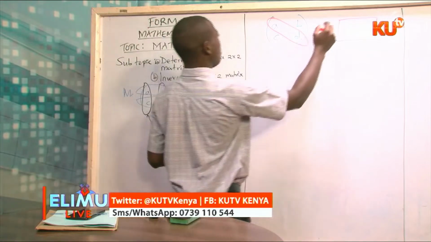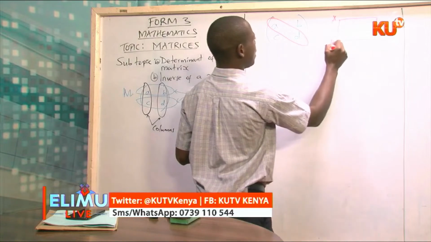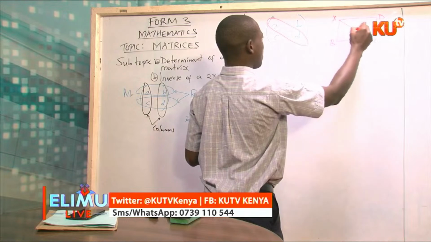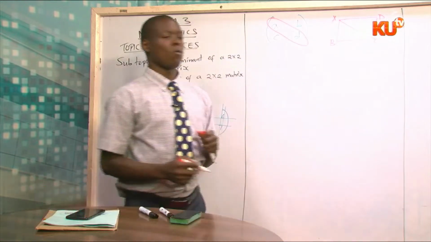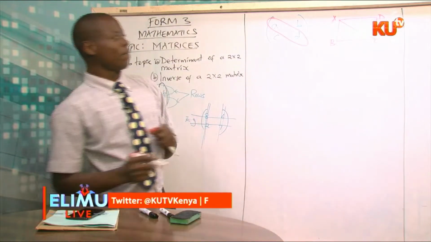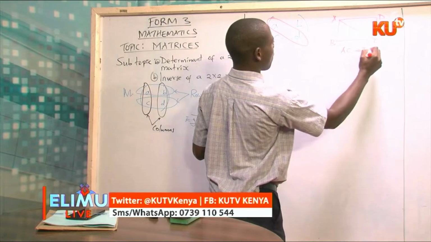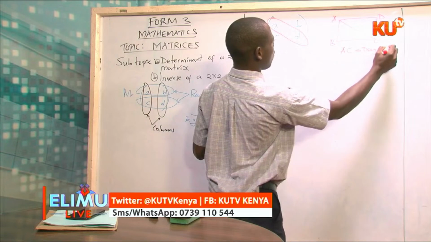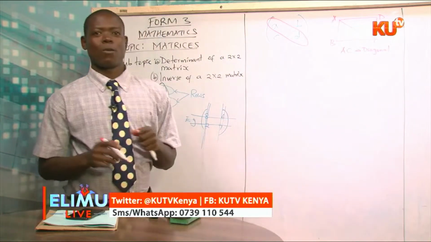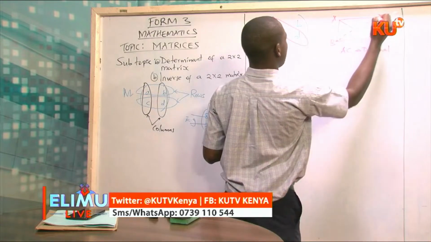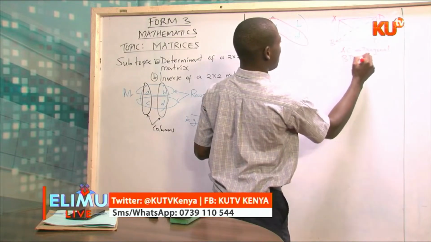When the endpoints, the vertices, of this rectangle are joined, we obtain what we call a diagonal. Therefore, AC is a diagonal. When we join B and D as well, again, this is a diagonal.